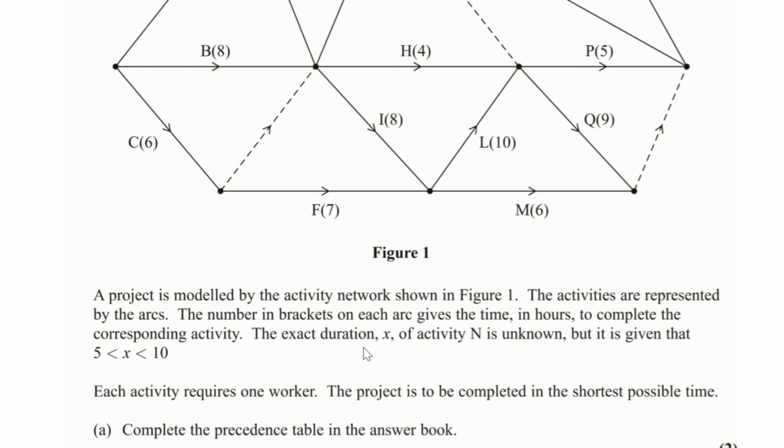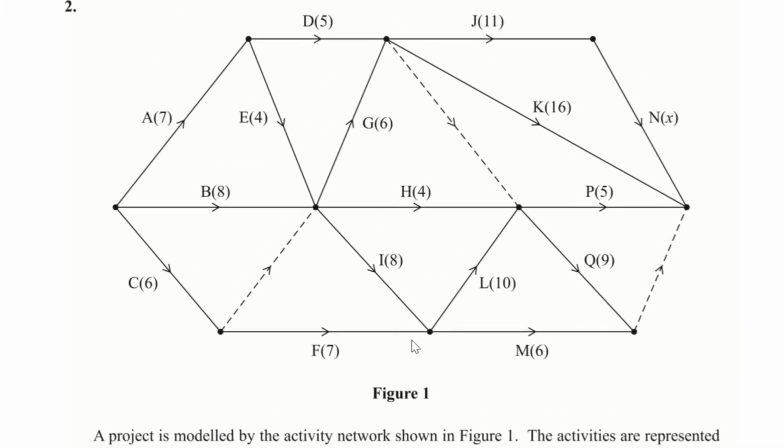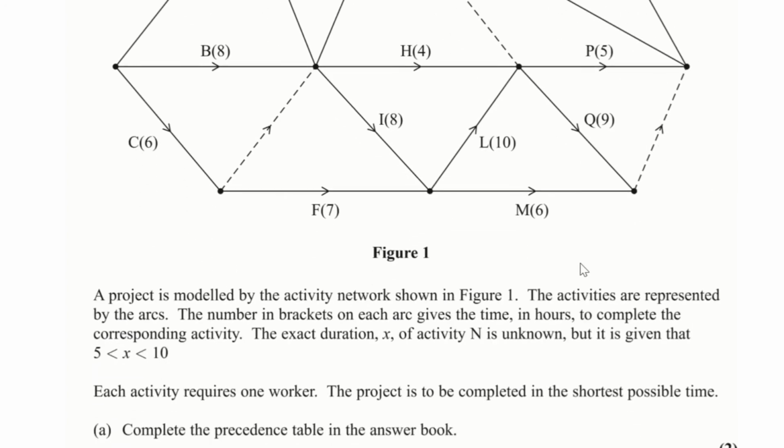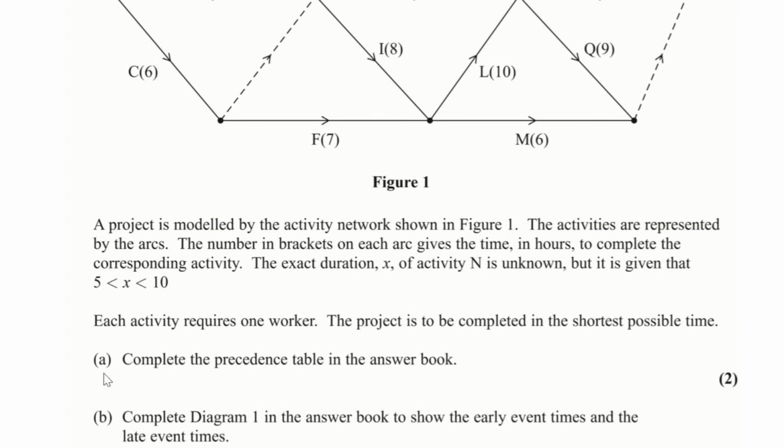The exact duration x of activity n, shown here, is unknown, but it is given that x is in between 5 and 10. Each activity requires 1 worker. The project is to be completed in the shortest possible time. And for part A, you have to complete the precedence table in the answer book.